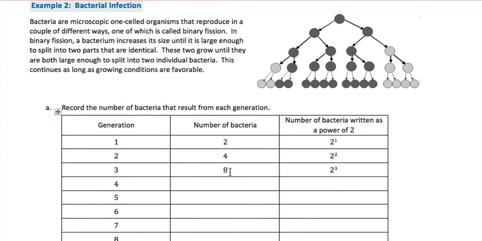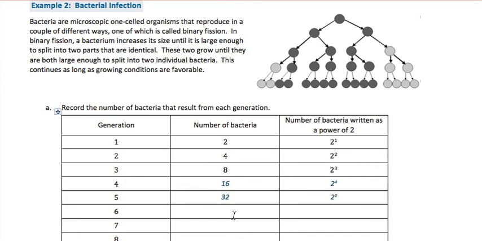There are 8 bacteria, or 2 to the third power. So on the fourth split, we're going to have 16 bacteria, and that is 2 to the fourth power. On the fifth split, we're going to have 32 bacteria, which is 2 to the fifth power.